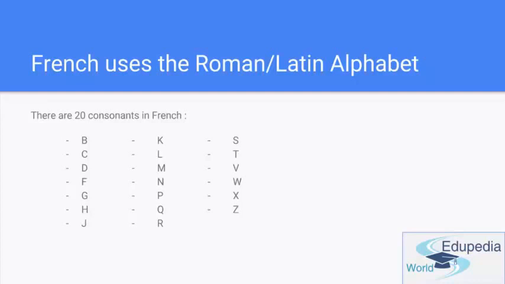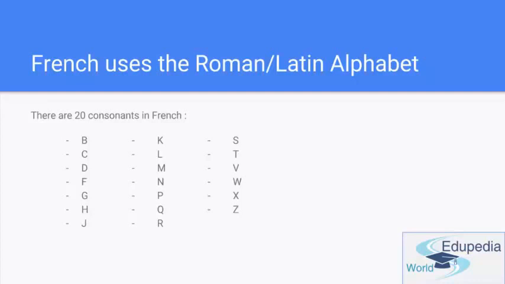So B, C, D. And the 2 letters you have to be careful about here are G and J, because they're the opposite of English. G in English is G, whereas J in English is J. So I will repeat them again. B, C, D, F, G, H, J.